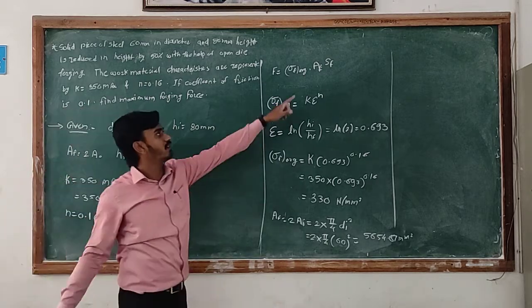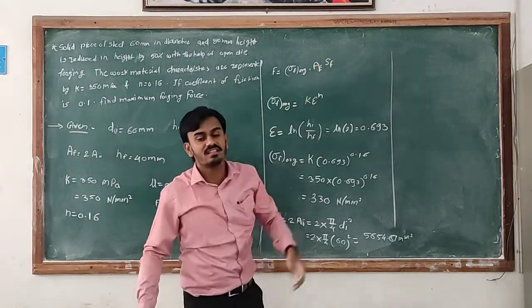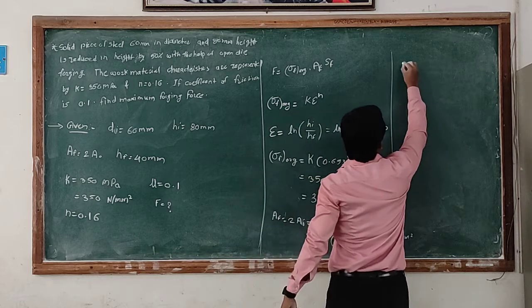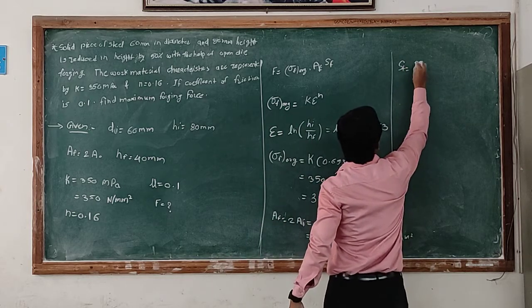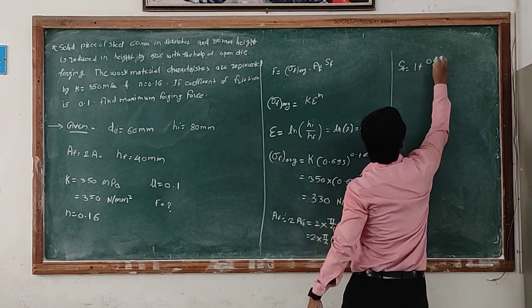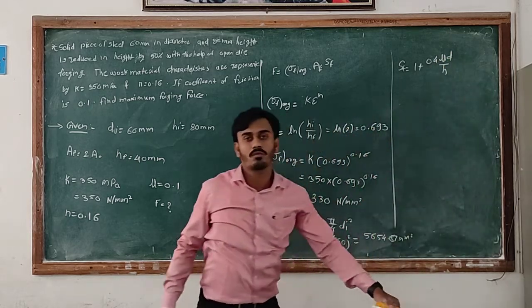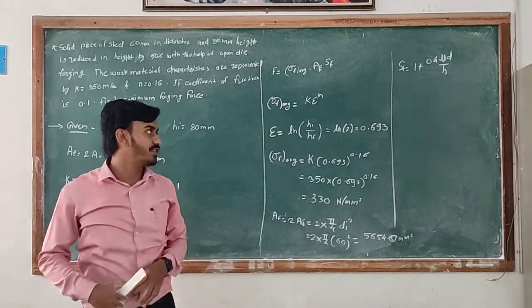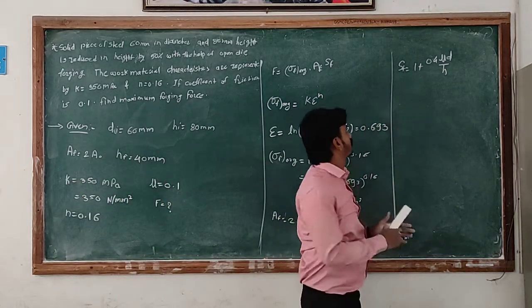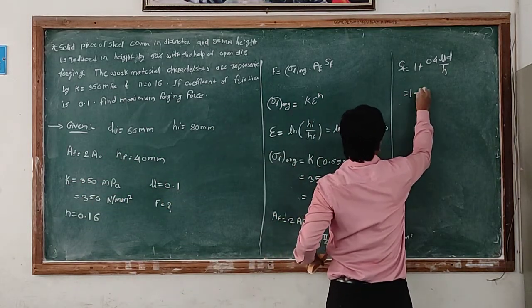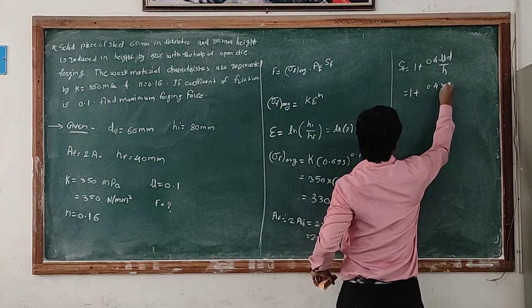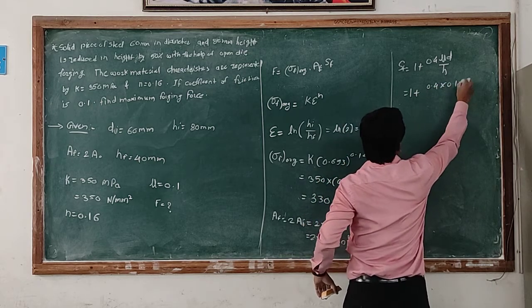Now we require SF, the shape factor, and it has a formula. Shape factor is equal to 1 plus 0.4 mu into d divided by h. So it is equal to 1 plus 0.4 into mu, which is 0.1, into d.